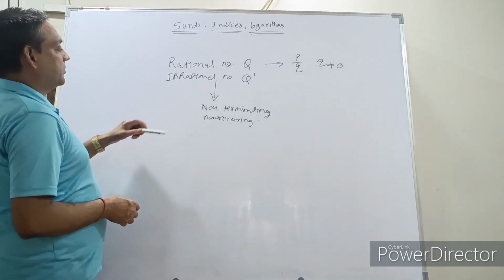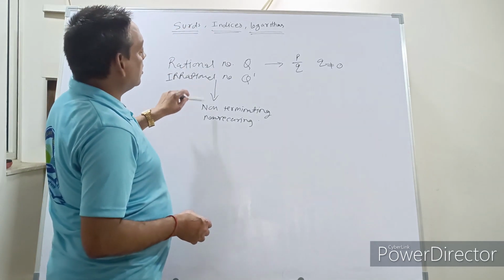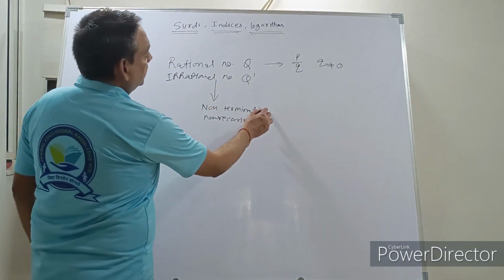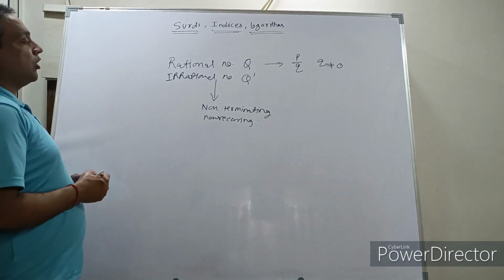In this chapter we'll be studying surds, which are all the numbers that are non-terminating and non-recurring. Now what is the meaning of non-terminating, non-recurring?